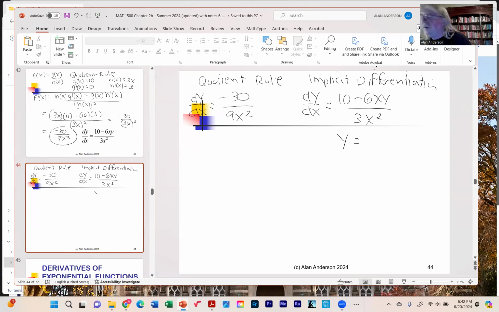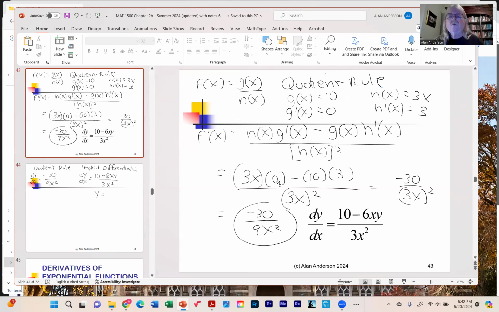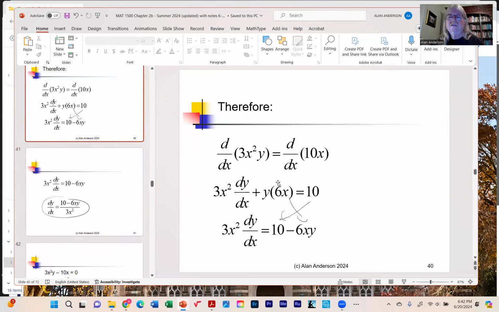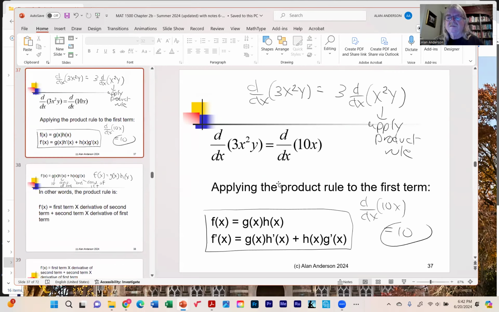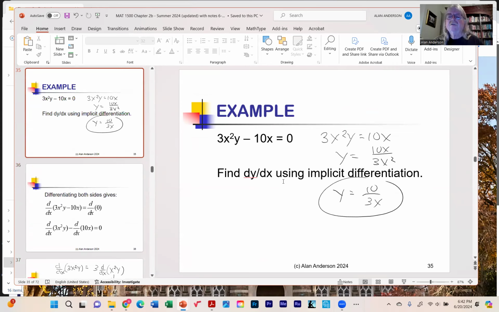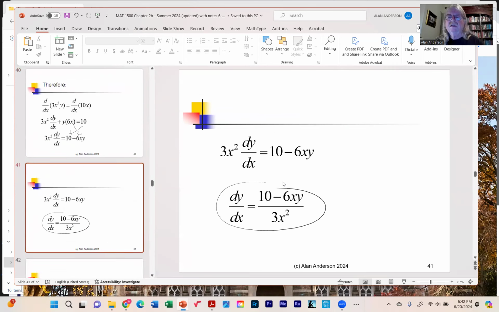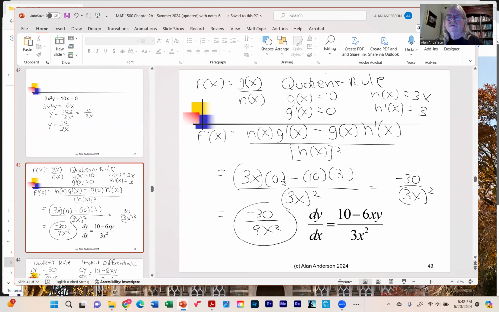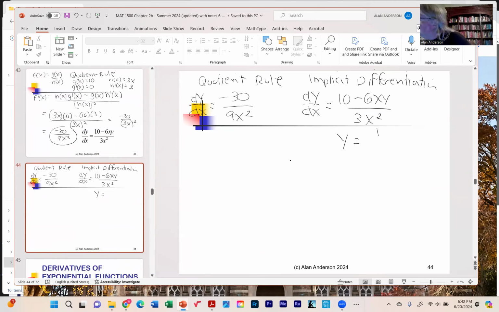Remember that we determined that y equals, from the original equation, 10 over 3x. So here's what we're going to do. I'm going to substitute this expression for y, and let's see what happens.